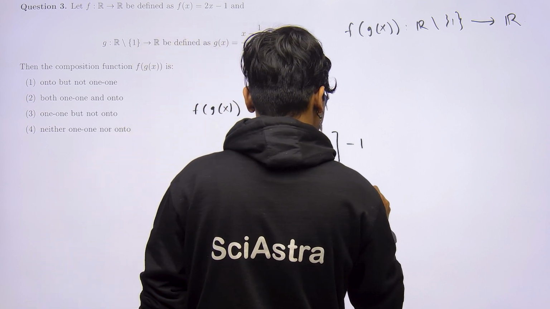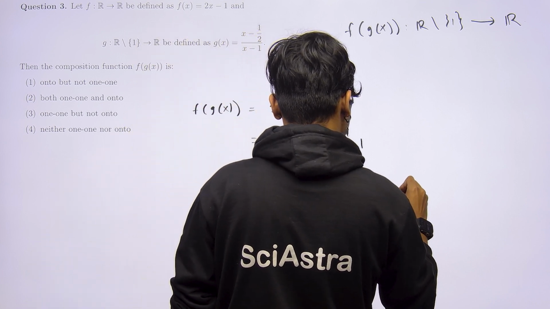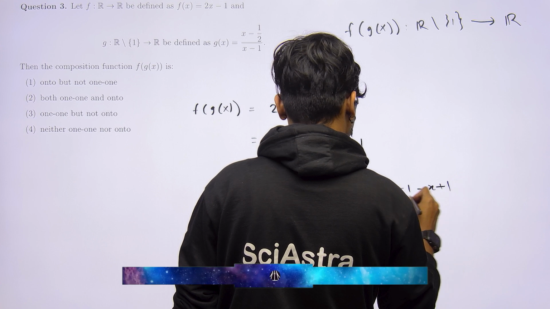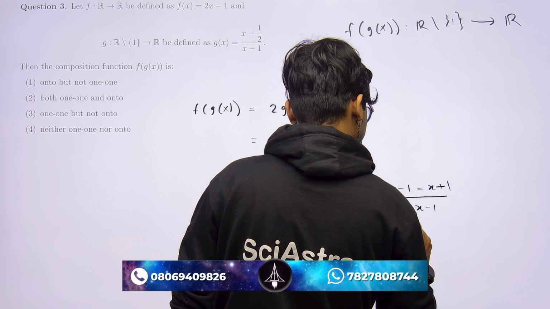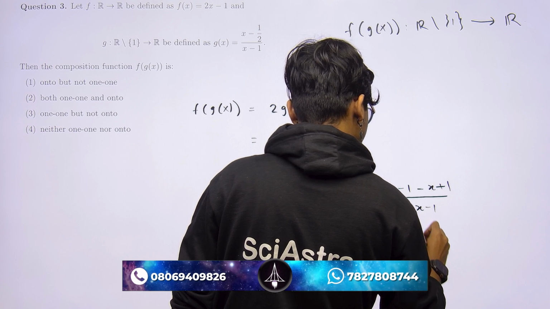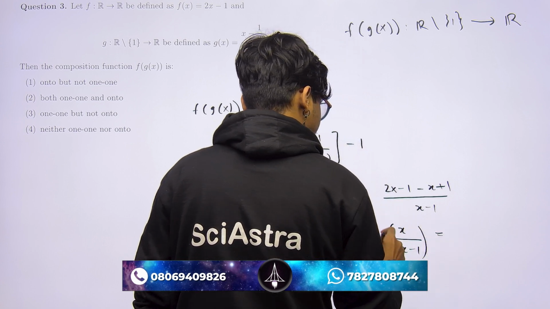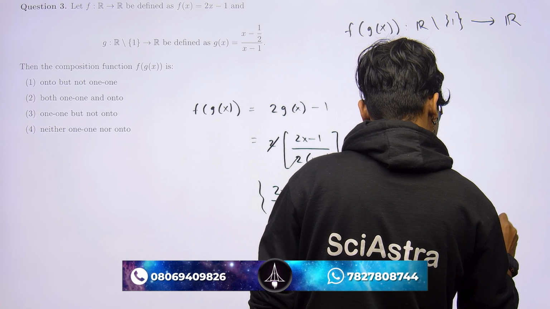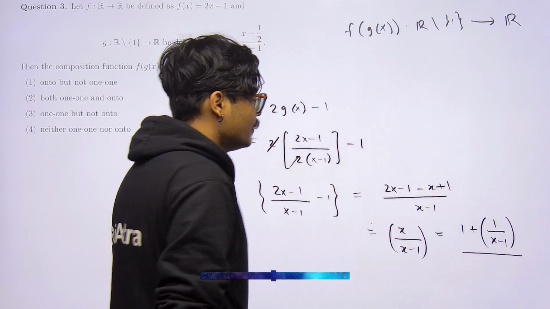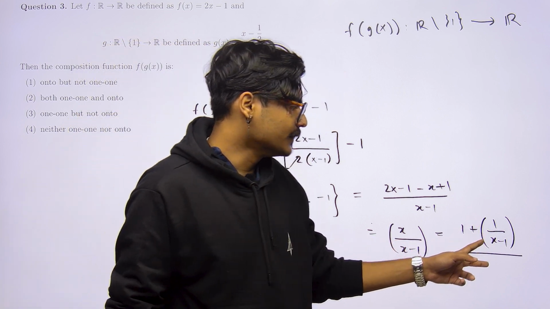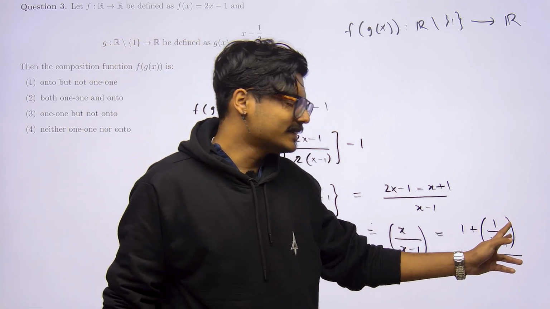If you simplify this further, you should get (2x minus 1 minus x plus 1) divided by (x minus 1), which is nothing but x by (x minus 1), which can be rewritten as 1 plus 1 by (x minus 1), right?